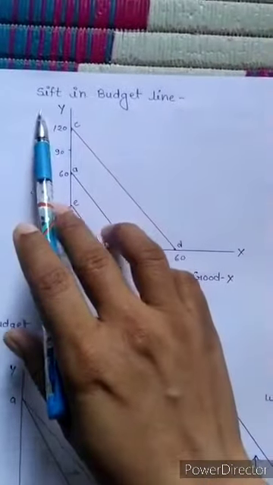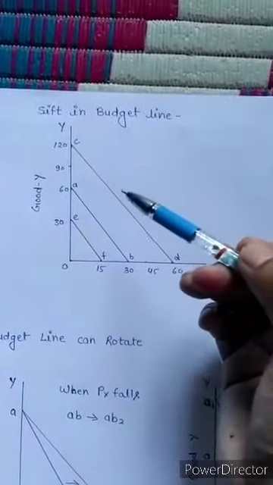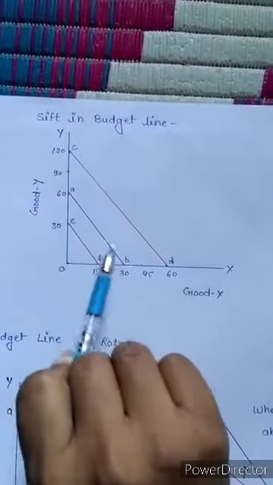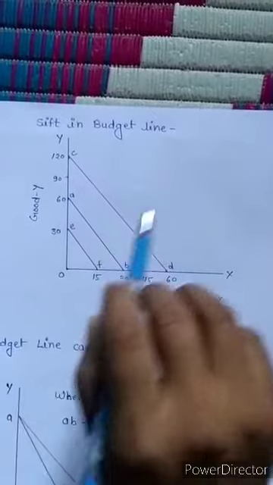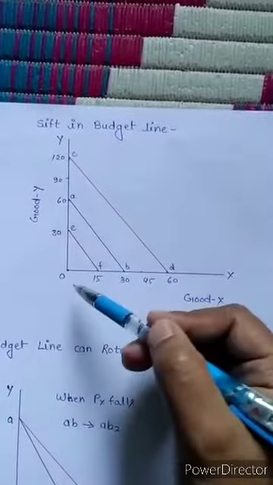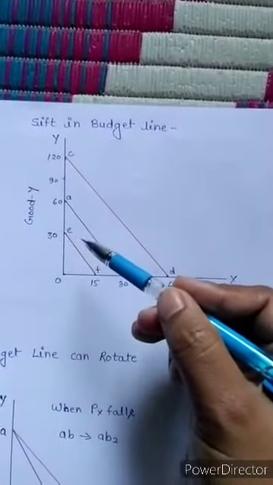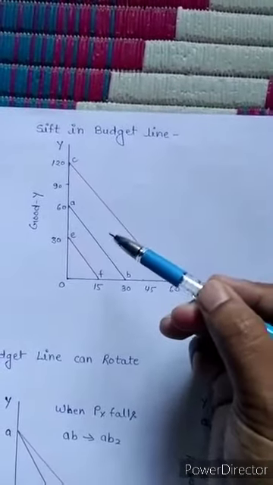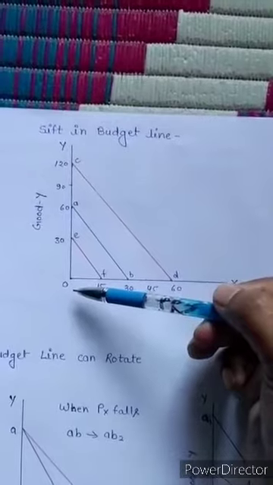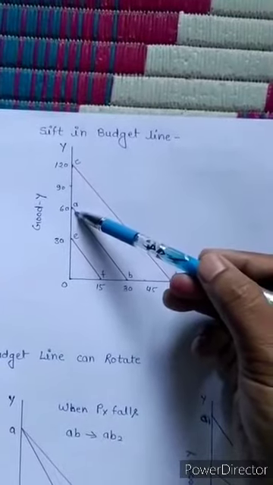Next point is a shift in budget line. Can the budget line shift? The answer is yes. Here AB is the primary budget line. When the consumer income is 60 rupees, the consumer budget is 60 rupees. The price of good X is 2 rupees per unit and the price of good Y is 1 rupee per unit. If the consumer spends all his income, 60 rupees, on purchasing goods Y, he can purchase 60 units of Y commodity.